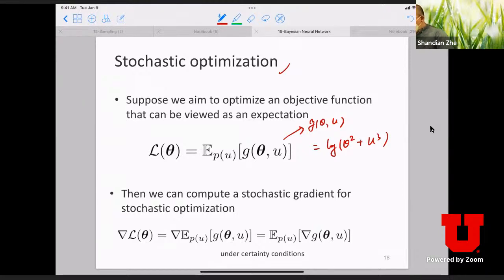And because the g function contains a random variable u, this function is a random function, right? So now my objective essentially is to take the expectation of my g function. Okay? I can take my p of u to be some Gaussian distribution. Right? Say maybe it's just a standard Gaussian distribution.